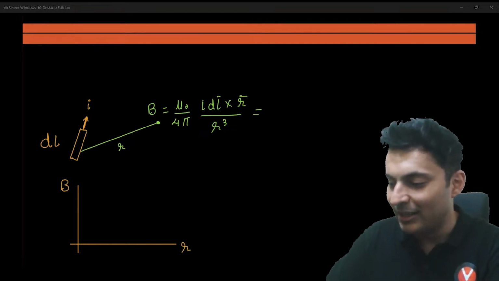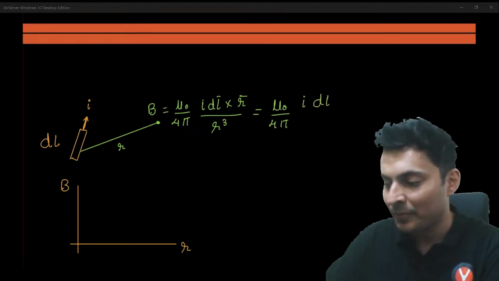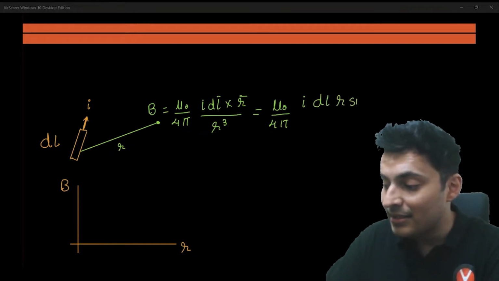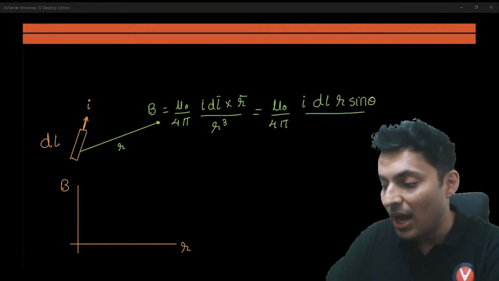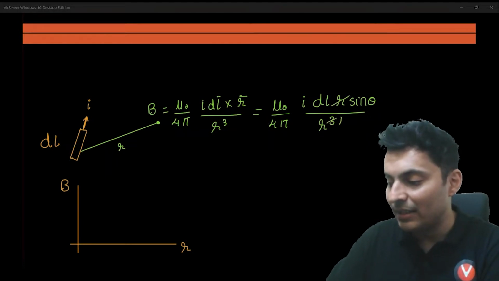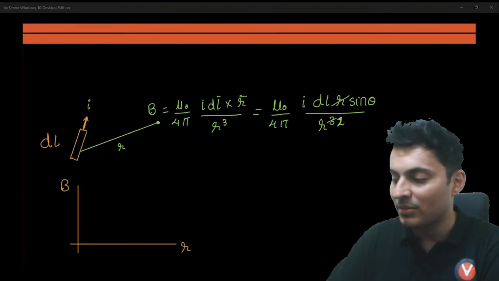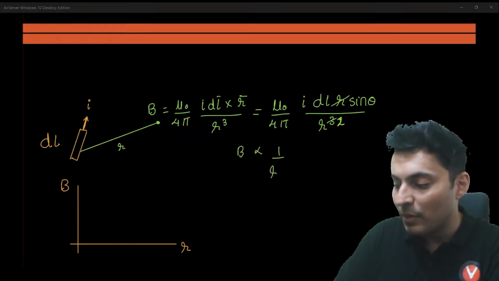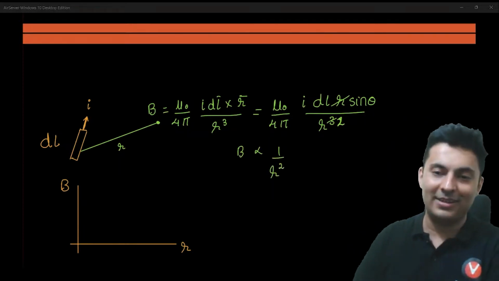Well, let me give you a hint. Actually speaking, this will be mu naught by 4 pi I. This is a cross product. So cross product means sine. So I dl R sine theta divided by R cube. So one of the R will get cancelled and this will become square. So technically magnetic field is inversely proportional to R square.